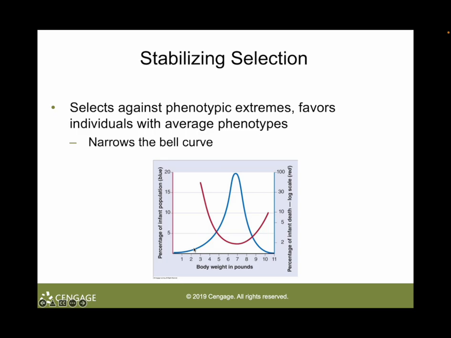Although stabilizing selection decreases the amount of variation in the population, variation is rarely eliminated by this process because other microevolutionary forces act against a decrease in variation. For example, mutation is slowly but continually adding to the genetic variation within the population.